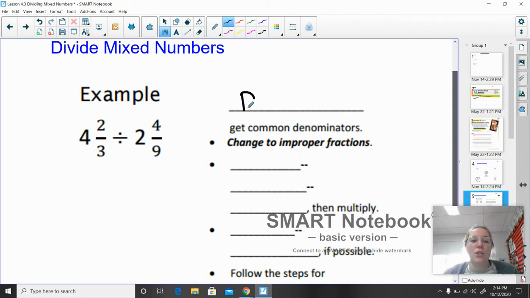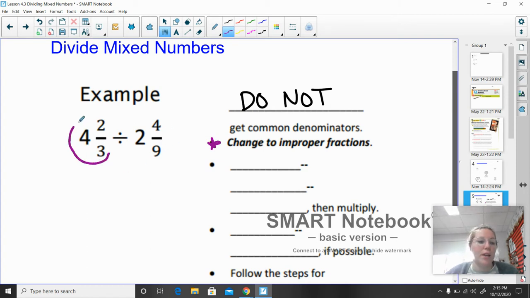First off, we do not get common denominators. Remember, with multiplying and dividing, our denominators just stay the same. However, we do need to change mixed numbers into improper fractions. This is the same as with multiplying mixed numbers. We can't do it when we have whole numbers involved, so we have to change them.